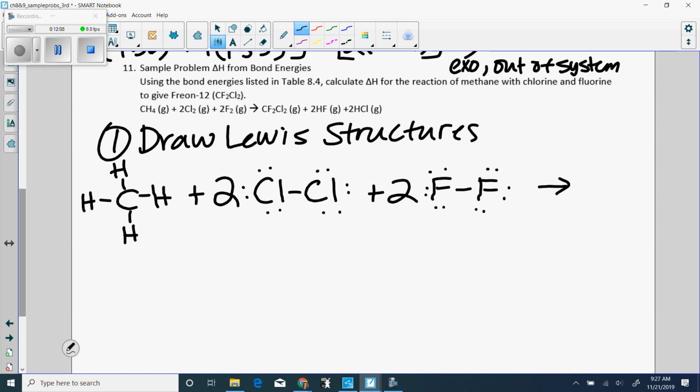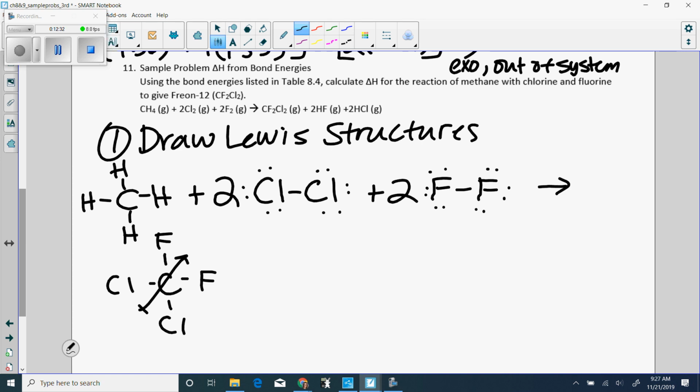What am I making? I'm making the CF2Cl2. So my carbon in the middle. I learned how to draw dipoles, so I know in a tetrahedral to put my F's together, just in case I need to draw a dipole. Okay, but carbon can't have more than 8 bonds no matter what, so I know everything's going to be single for that.